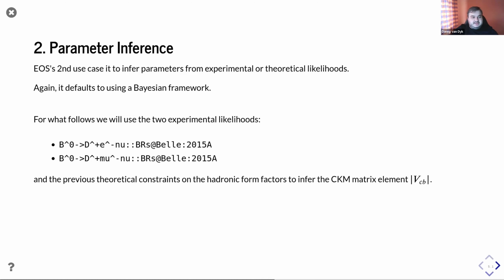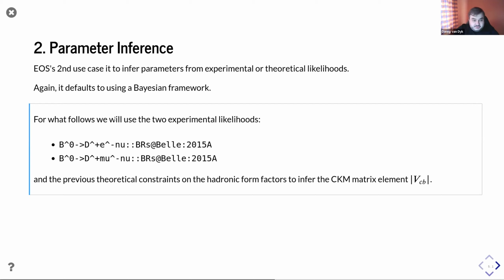So what we do is extending the analysis that you saw before by adding two experimental likelihoods for measurements in several q-square bins of the branching ratio for B0 to D+ e- nu decays or mu- nu decays. They're coming both from this publication by the Belle collaboration, and as for all these names, you can look them up in the list of references where you find a hyperlink to the preprint and to the publication.